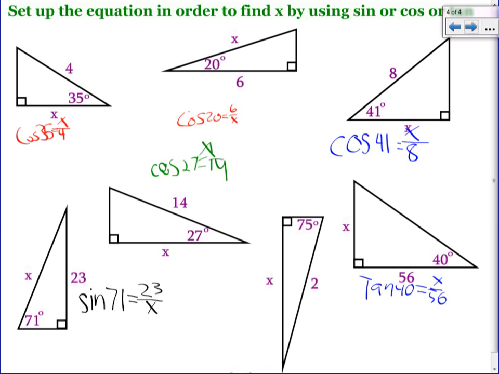Yes. No pressure. Perfect. I think you guys understand this. Any questions?